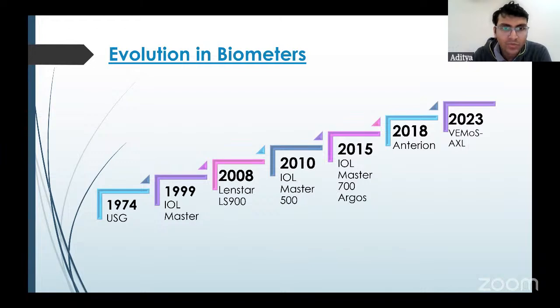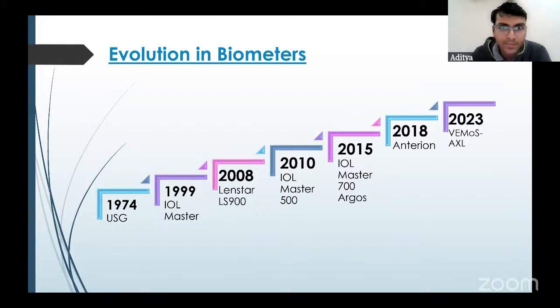As we know, the advantages of optical biometry over ultrasound are that it is non-contact, precise, accurate, less time consuming, and it includes the retinal thickness in the axial length, and it measures the visual axial length in comparison to the anatomical axial length, which is given by ultrasonic biometry.